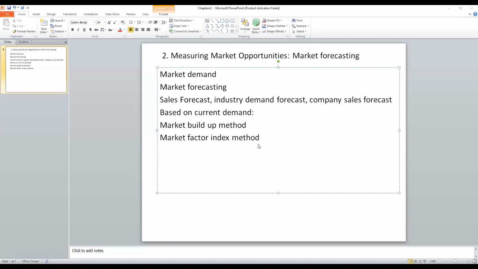So here again, as I rightly said, the market may have its own definition, maybe with reference to a particular geographical area or with respect to that particular product. So here, this method identifies the potential buyers who will be purchasing and estimates their potential purchases.